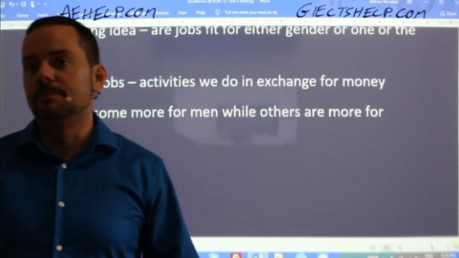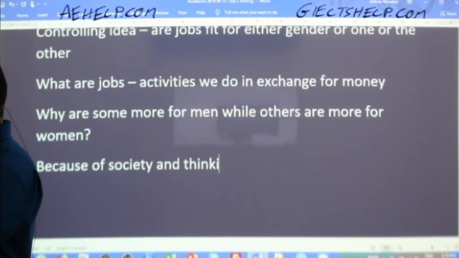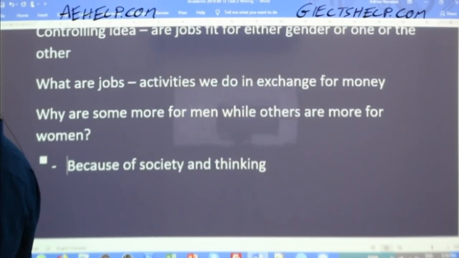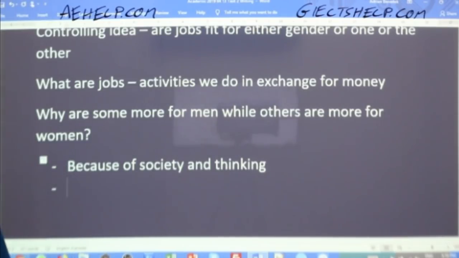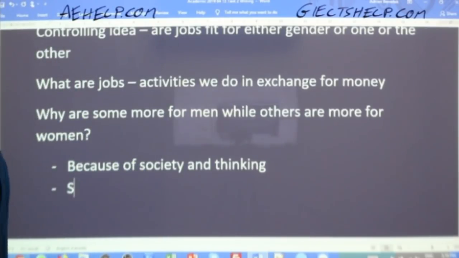So why is that argued? Okay. Shilpa says it's because of society and thinking. Okay. Arguably, maybe. Sure. What else? Any other reason why some jobs might be for... So Aigul says it's stereotypes. Maybe.